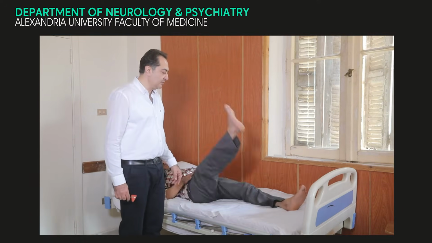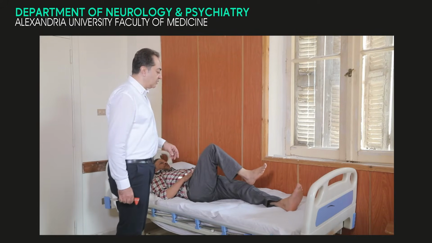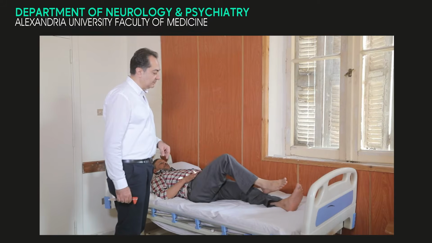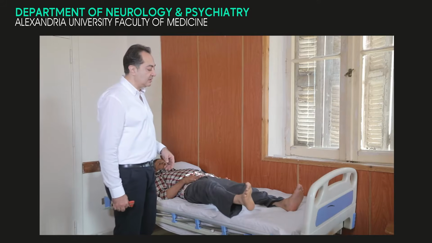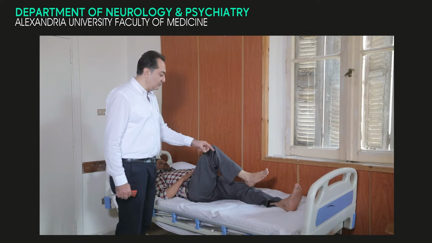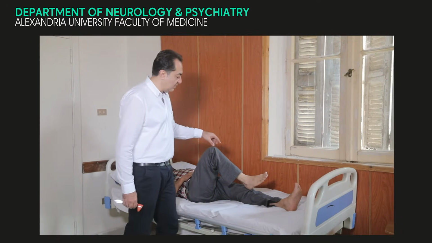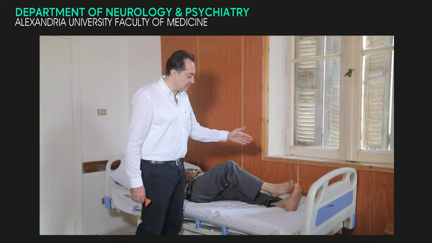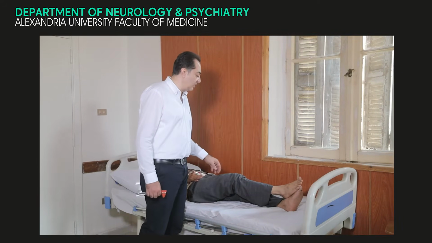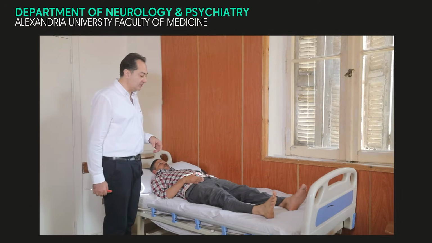Then lower the heel onto the knee and slide it down along the bone. If there is zigzag movement, if there is some confusion and he cannot reach the knee, reaches with pre or post pointing, or has zigzag movement on the leg, it's called an abnormal heel, knee, shin test.